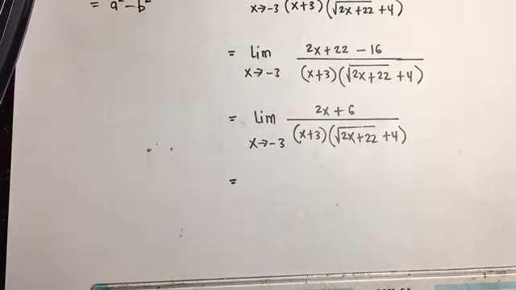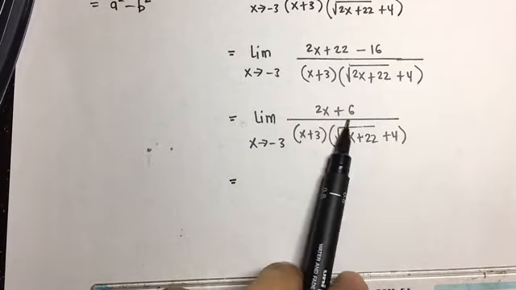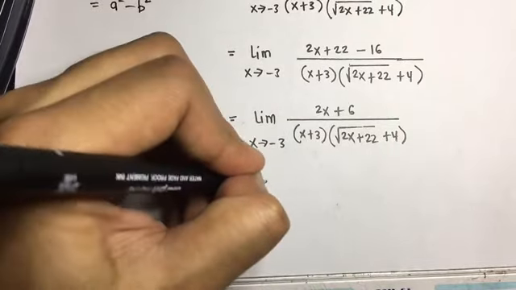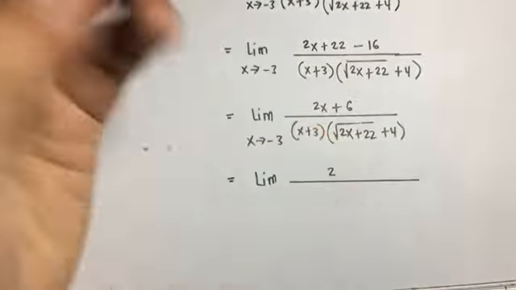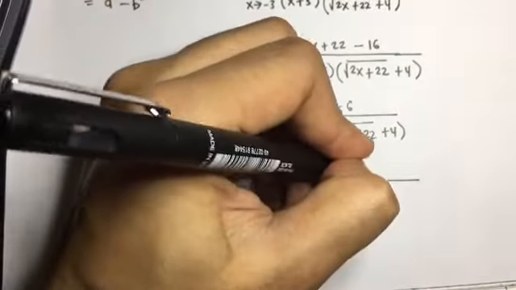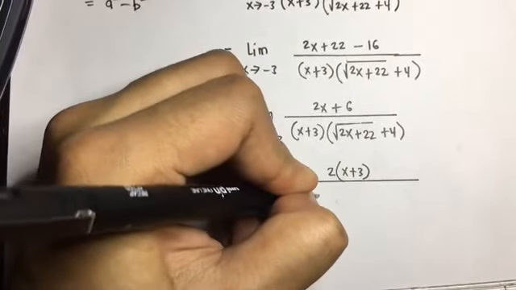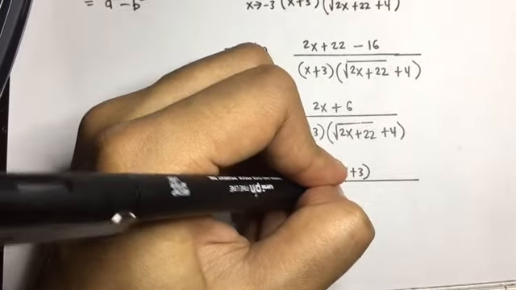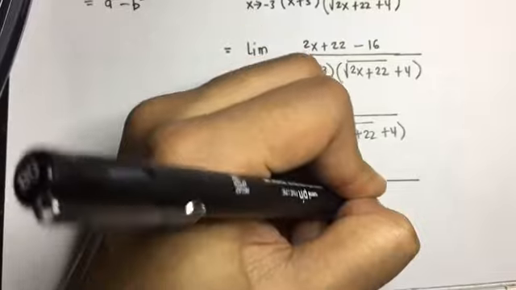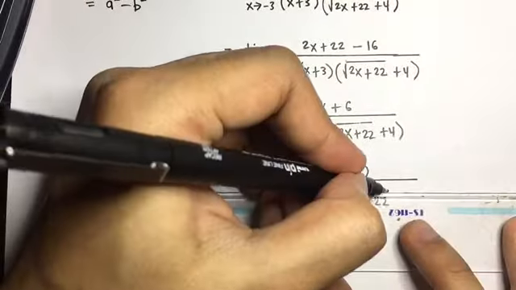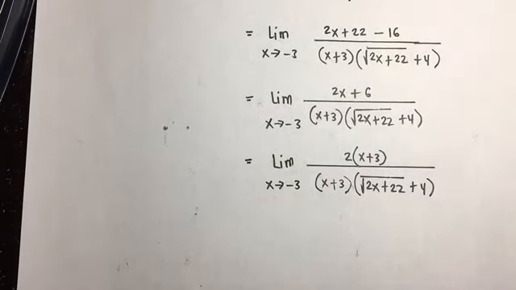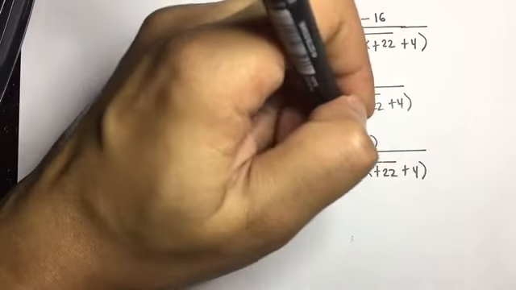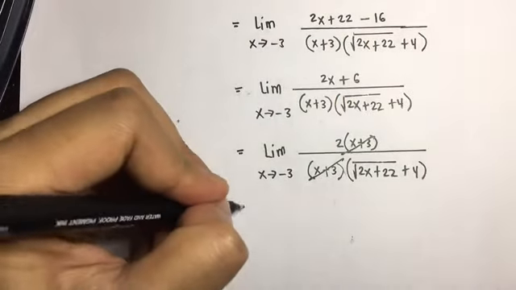Next, we can factor out the numerator. The greatest common factor is 2. If you factor out 2 from the numerator, it becomes 2 times x plus 3 over x plus 3 times square root of 2x plus 22 plus 4, as x approaches negative 3. With that, we can now cancel out x plus 3 and evaluate the limit.